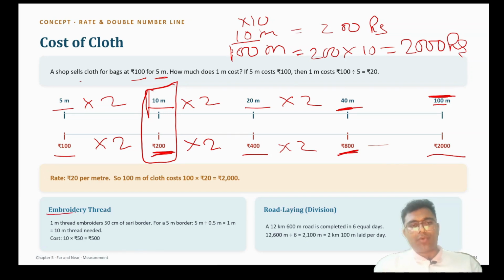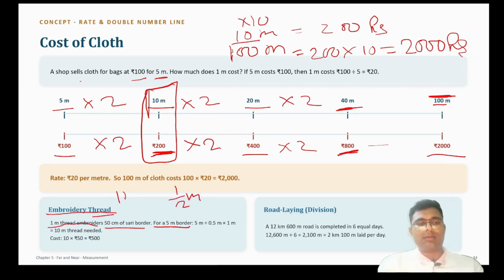So next is embroidery thread. 1 meter thread embroiders 50 centimeter sari border. For a 5 meter border, how much thread will be needed? 1 meter thread embroiders 50 centimeter, or you can say half meter, of sari.